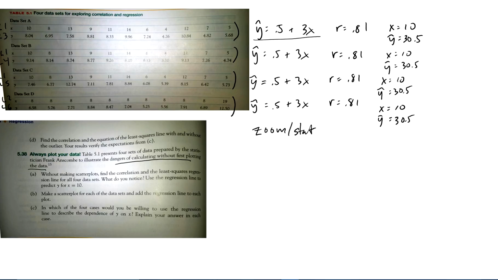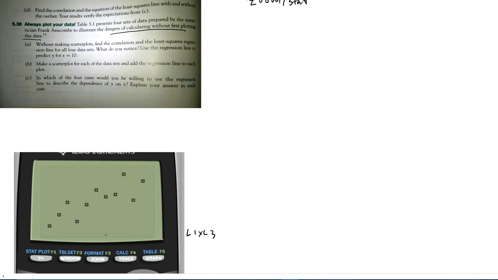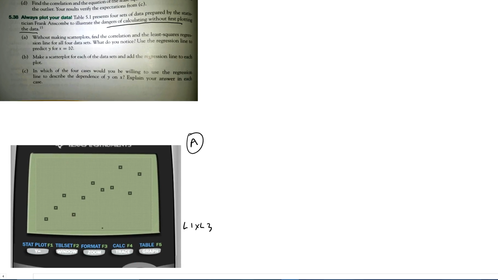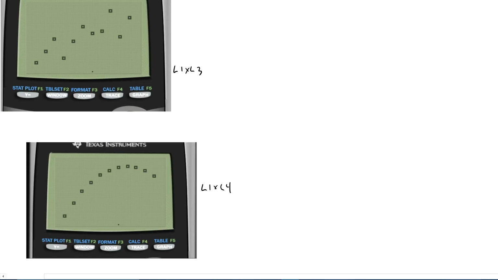We'll call the data sets A, B, C, and D. Here's plot A, which we just did. Here's plot B. Interesting, the regression line is exactly the same. It goes about like that.